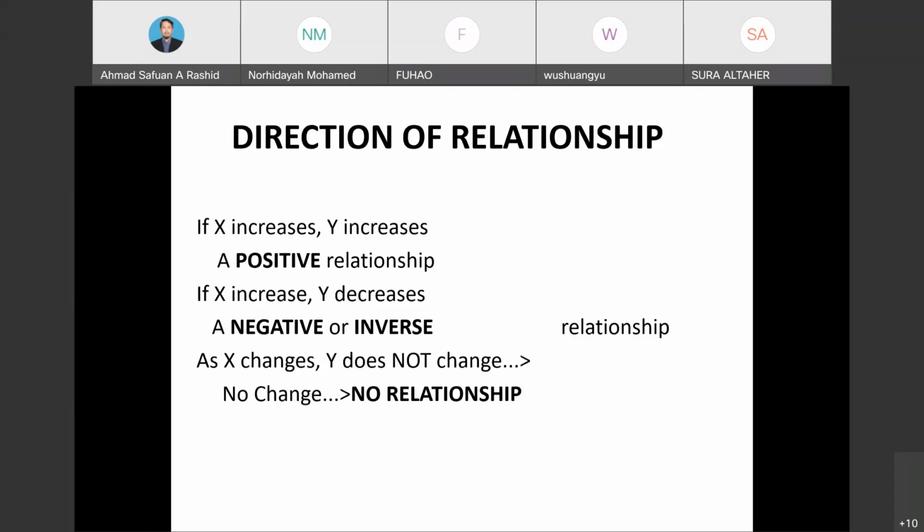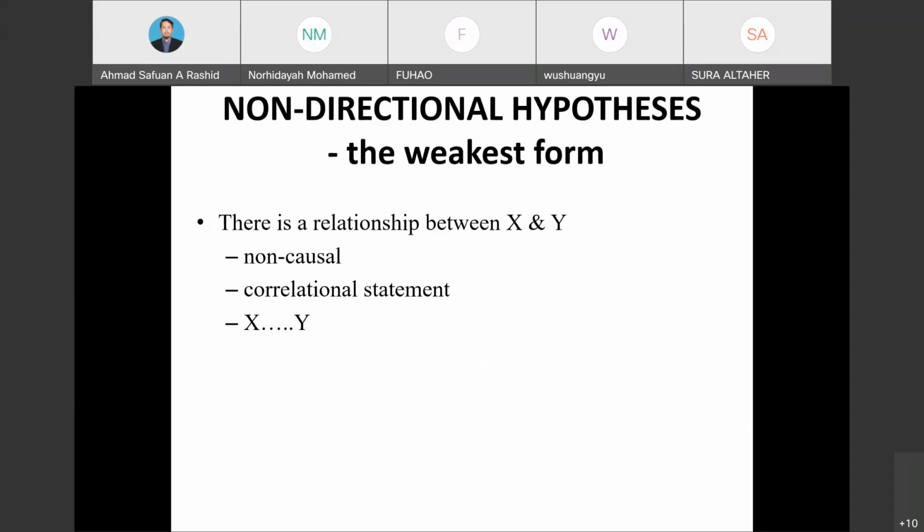You need to find the correct terms to be used, and use a good adjective. Non-directional is the weakest form, a no-correlation statement. Okay, there is a relation between X and Y, so Y and X are close together parameters.